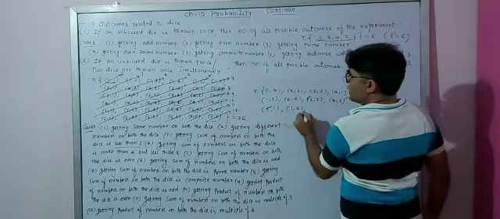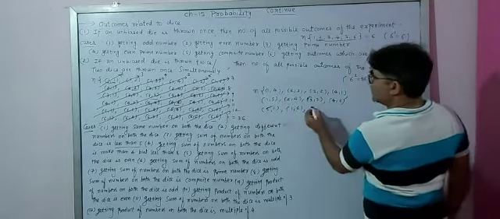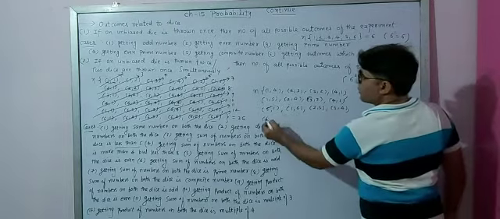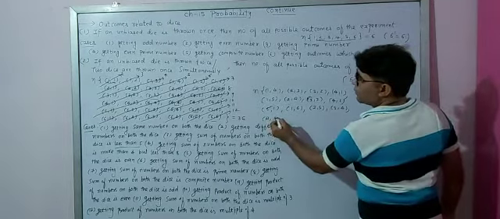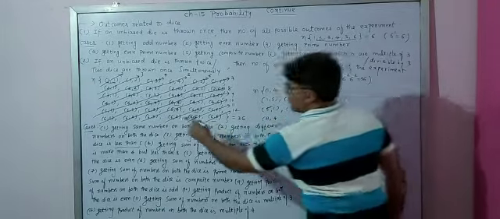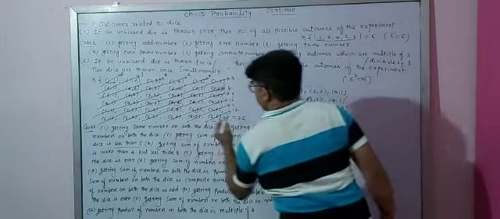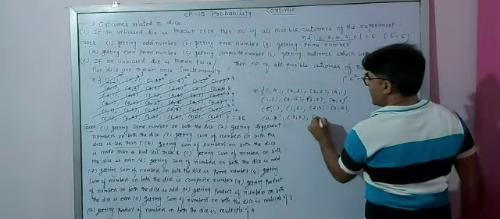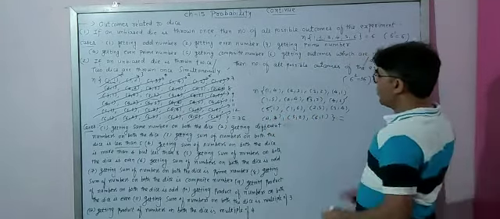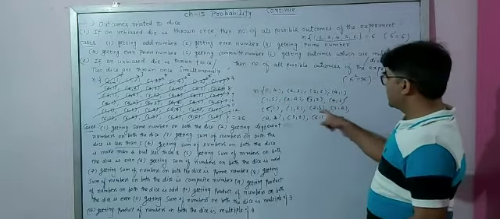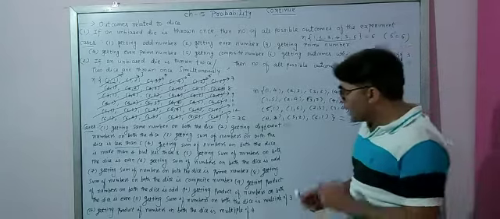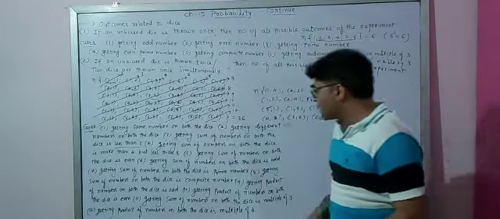Then 1 6, 2 5, 3 4, 4 3, 5 2 and 6 1. So total number of outcomes is 4, 8, 12 and 15 outcomes will be included in that fourth case.